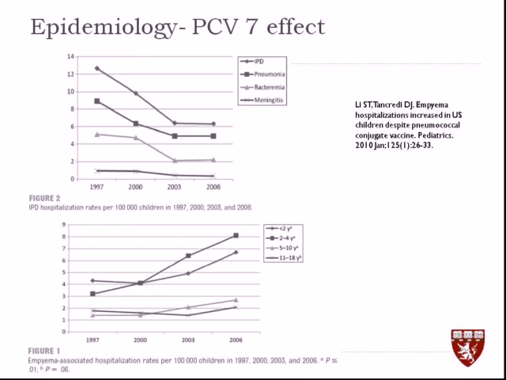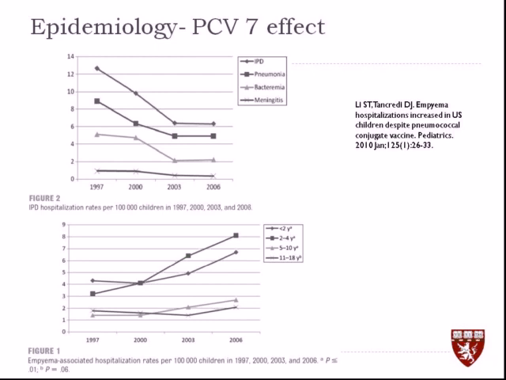By 2003, that rate had halved from 12 to around 6. You see that trend for pneumonia, the black square, and for bacteremia, the triangle, with the incidence declining year after year. Meningitis also shows some decline, although the rates are not as high to begin with.